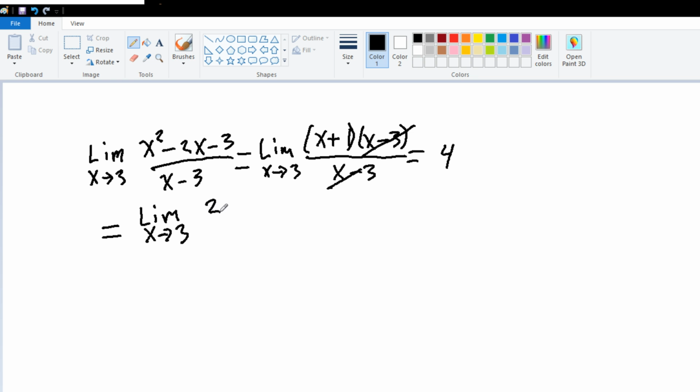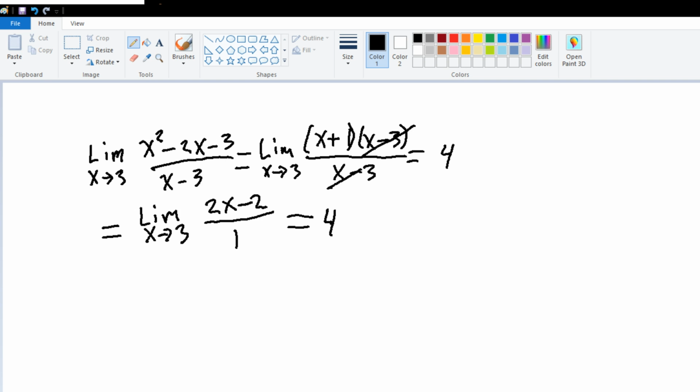We get 2x minus 2 on the top and 1 on the bottom. As x goes to 3, we get 2 times 3 is 6, minus 2, so the top is 4. On the bottom is 1. 4 divided by 1 is 4. So both L'Hopital's rule and the factoring and canceling seem to work nicely on this.